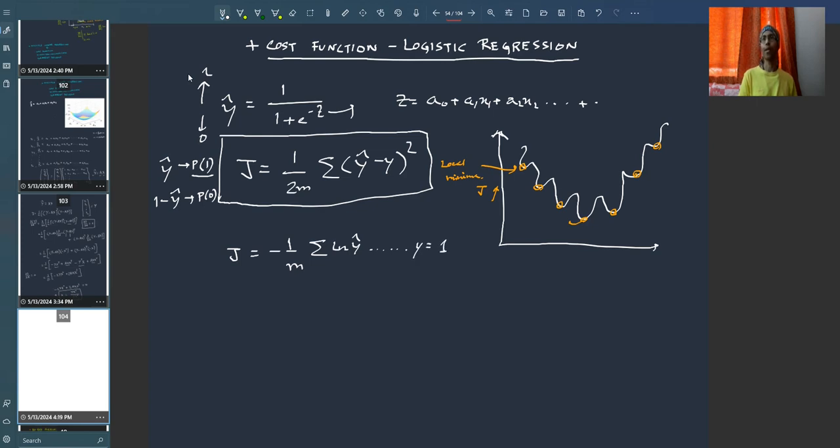What happens if y is equal to 0? Obviously, we need a further modification. So this will be 1 by m sum of the probability of 0, 1 minus y hat, natural log of 1 minus y hat. This is the cost function when y is equal to 0.